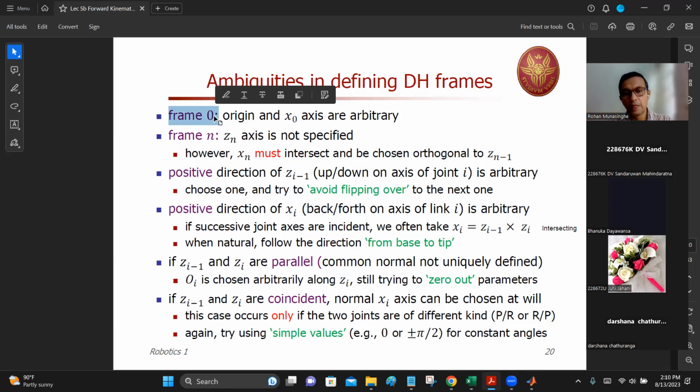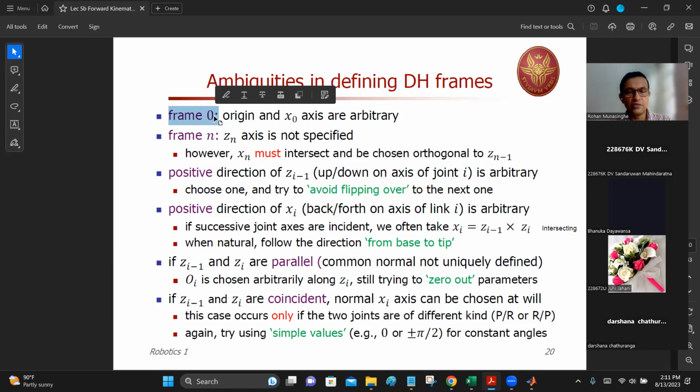So if you assign your 0 frame to align or be coincident with frame 1 at its home position, you make things very simple and accurate. So remember that frame 0 is usually assigned to be coincident with frame 1 at its home position.